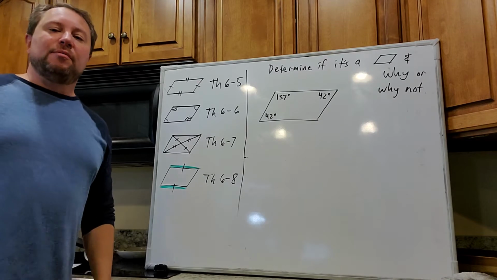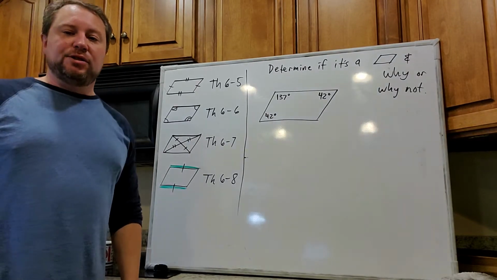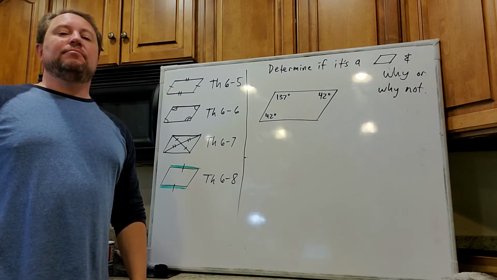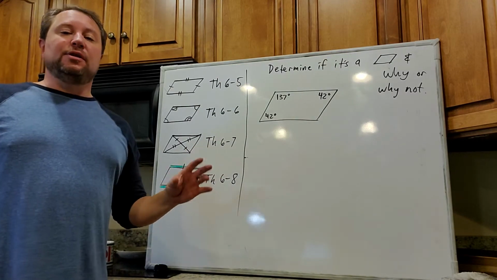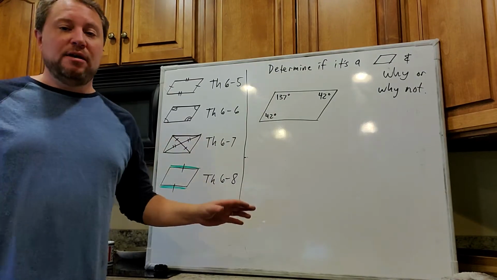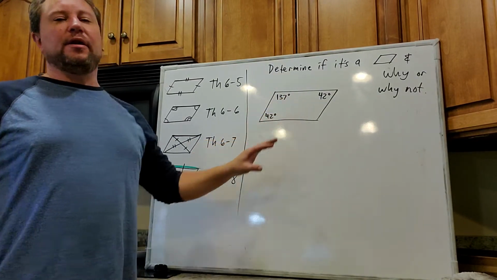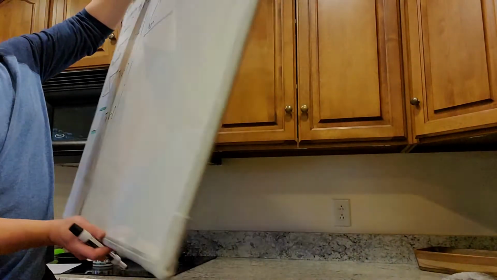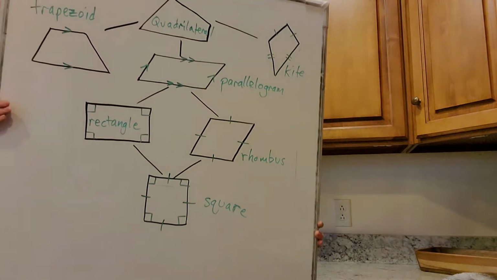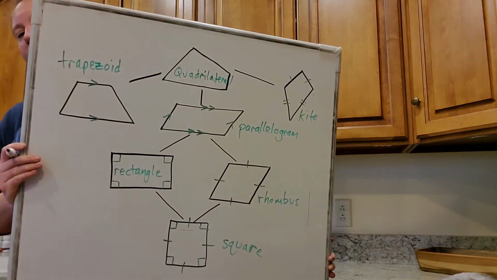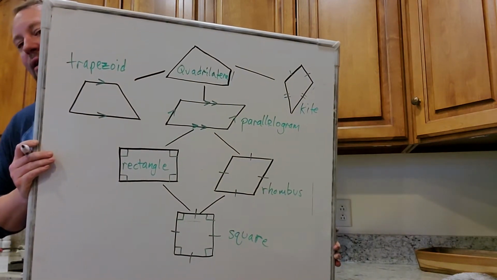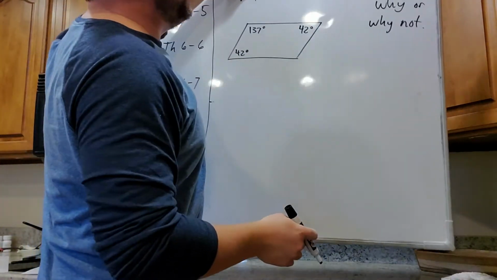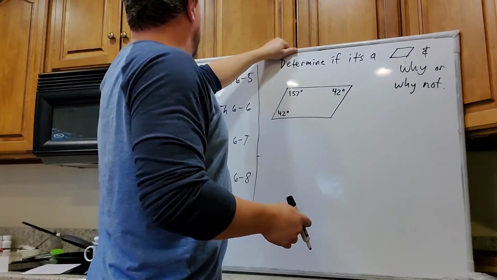All right, now, something that I failed to mention in my first lesson of this chapter that I do want you to know is that in any four-sided figure, not just parallelograms, but any quadrilateral, whether it be any of those that I talked about in that lesson the other day, all have, of course, four sides, but they also have four angles.